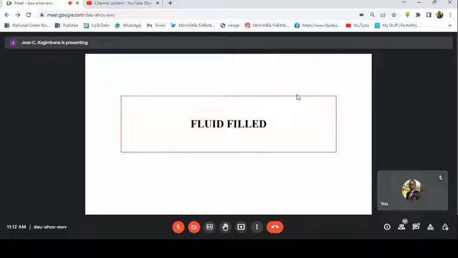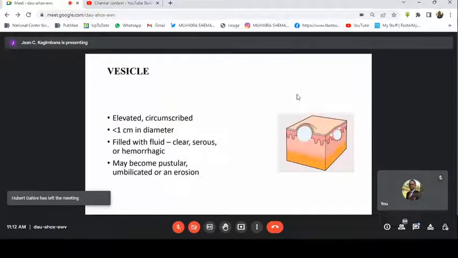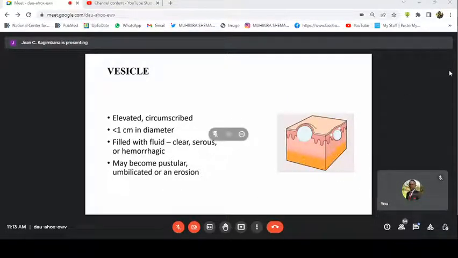Now we go to the content of a lesion. This one looks like a nodule. The difference is that a vesicle contains a fluid, while a nodule is consistent.